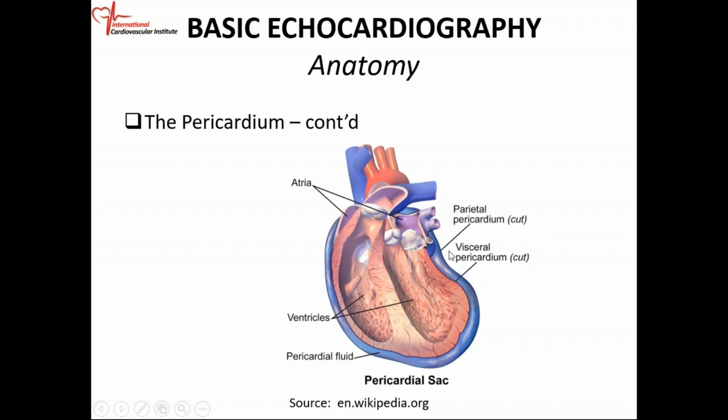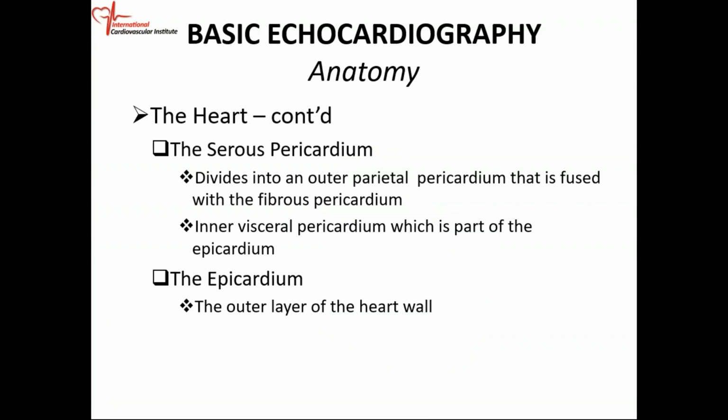If you were to remove the fibrous pericardium, you're left with the parietal and the visceral pericardium. When you get fluid formation, it is usually between the parietal and the visceral pericardium. So fluid here, we call that pericardial fluid. And then when you move inwards, the outermost portion of the heart wall is called the epicardium, and we're going to look at that. All right.